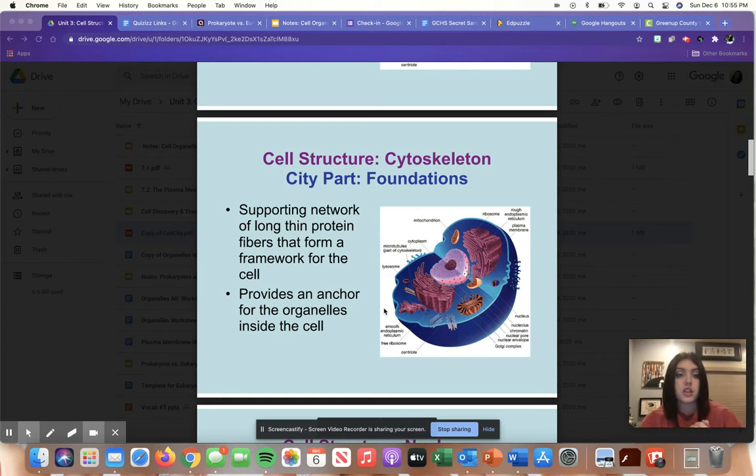And so it's the supporting network of long, thin protein fibers that form a framework for the cell, and it provides an anchor for the organelles inside the cell. So you can see here, it calls it the microtubules, but here in parentheses it tells you that that's part of the cytoskeleton. So you can see right here, that's helping to anchor organelles that are found within the cell. So that is the city part, it is the foundation.